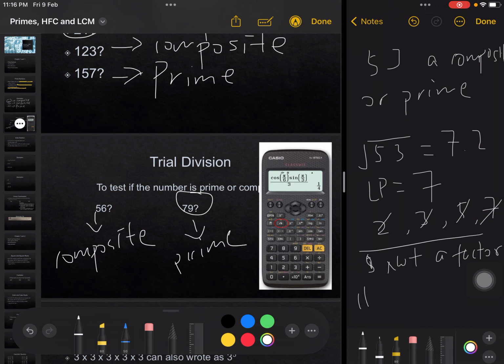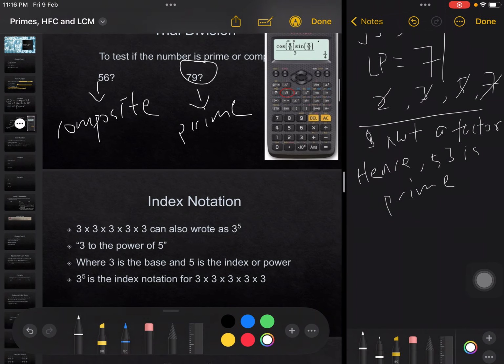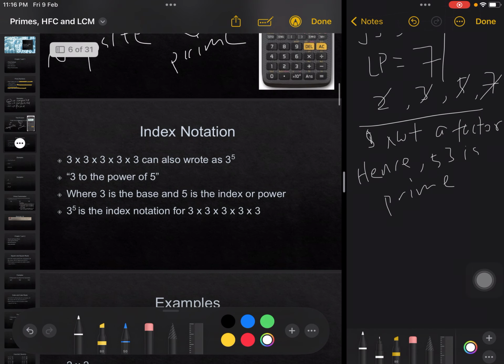Hence 53 is a prime number. So that's how we use trial division to find out whether a number is a prime or composite number. Okay, good. So next we will move on to index notation.